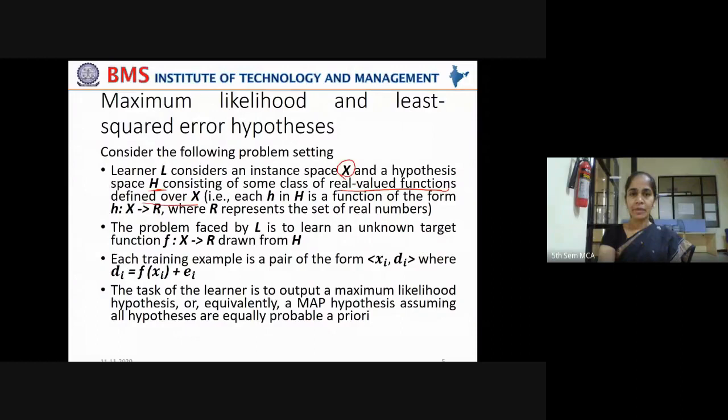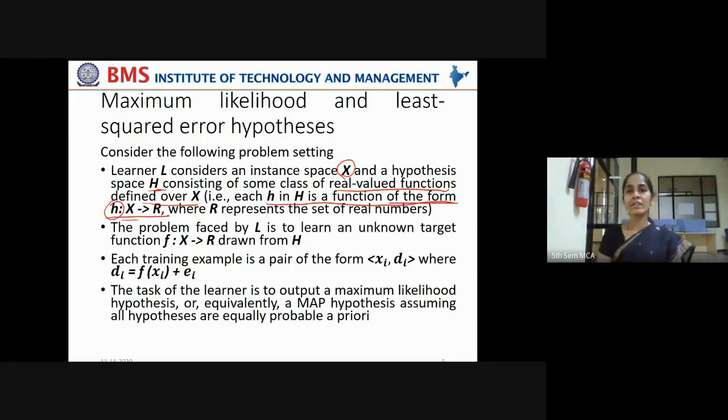Now, each h in H is a function of the form: how is the function represented? X maps to a real number. X is the set of all the attributes. After learning from those attributes, it has to map to a real valued target function, which means it has to map to a sale price in our example. That should be the hypothesis.